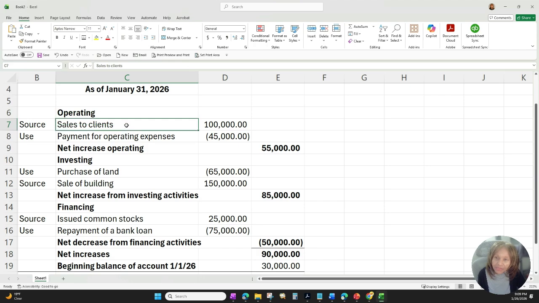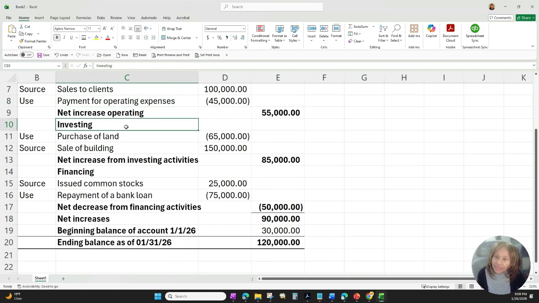Sales to clients or customers, selling products or providing services, and money used to run the business. To make money, you have to spend money. That's how it goes. Investing activity has to do with the purchases and sale of long-term assets, fixed assets.